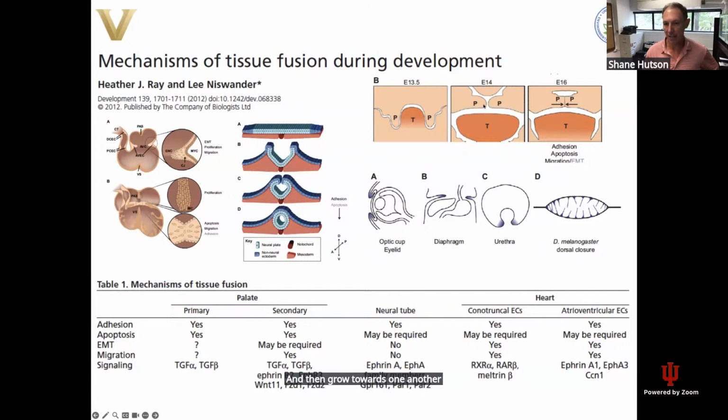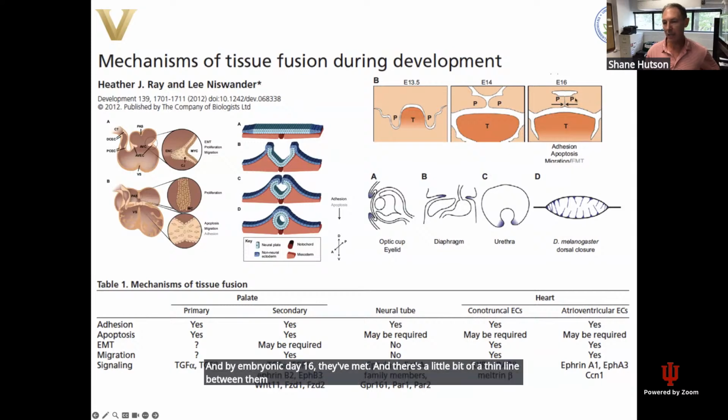You can see that at embryonic day 14. And by embryonic day 16, they've met, and there's a little bit of a thin line between them that really is an epithelial tissue that's caught between the two.